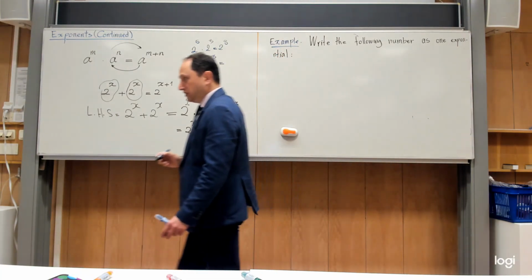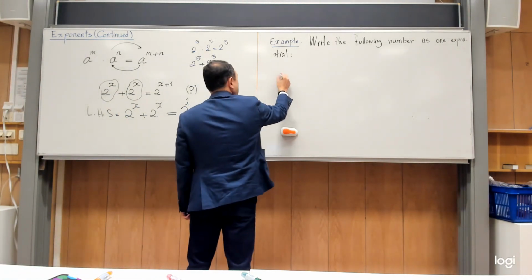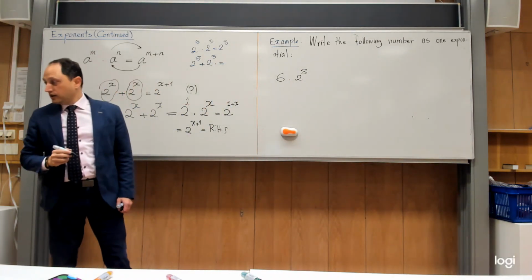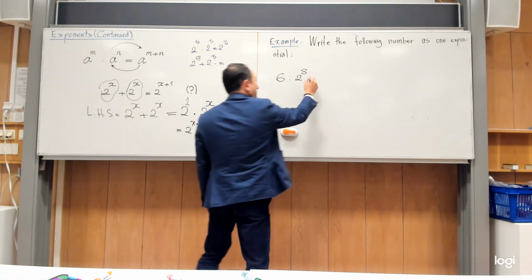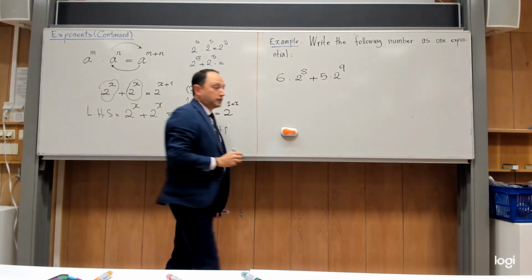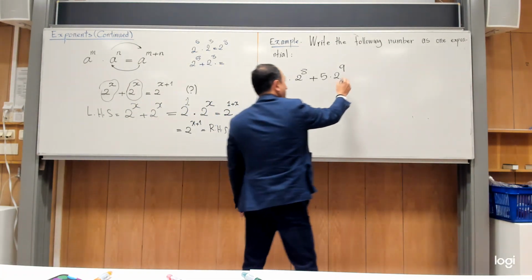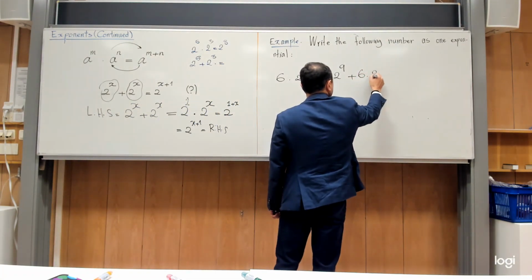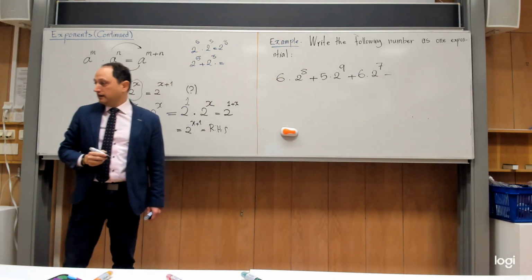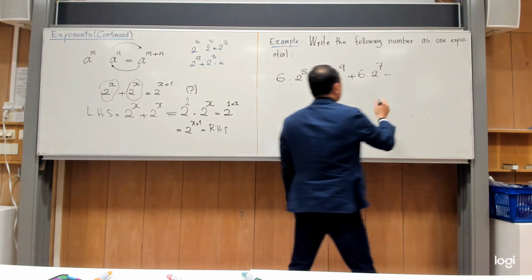So the number that I have already designed is this number. Let me write it for you. 6 times 2 to the power of 8, plus 5 times 2 to the power of 9, and then plus 6 times 2 to the power of 7, and finally minus 24 times 2 to the power of 5.